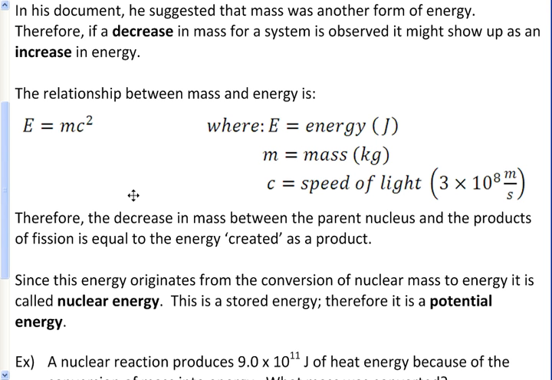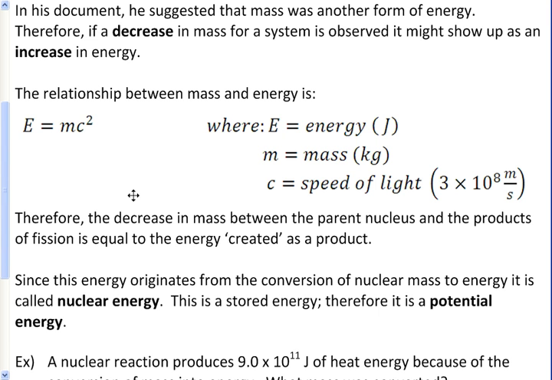Now, what this equation says is that energy and mass, guys, energy and mass are the exact same thing, they're just in different forms. So if you can imagine potential and kinetic energy, remember that when we raise something above the ground, we give it potential energy. When we let it fall, that potential energy is converted into kinetic energy as the speed increases.